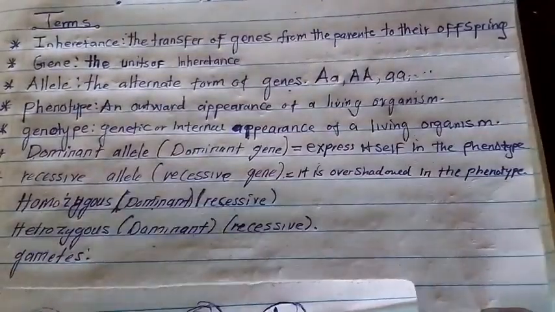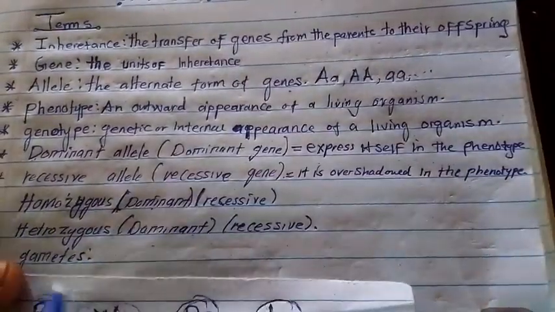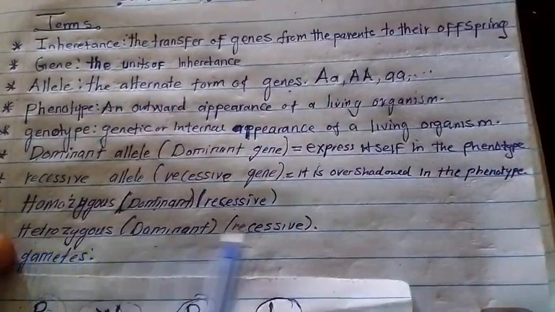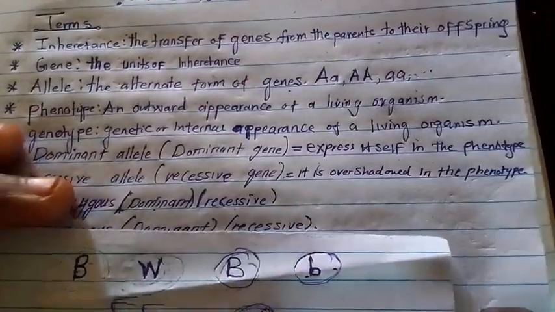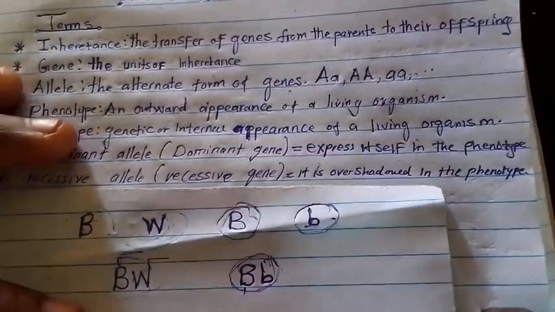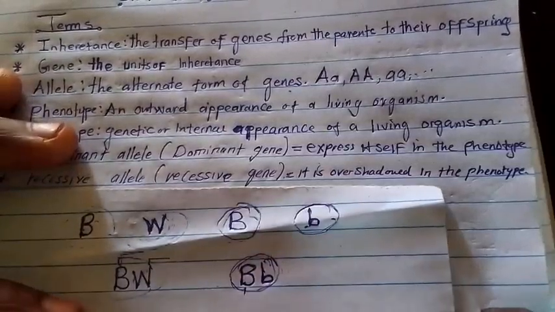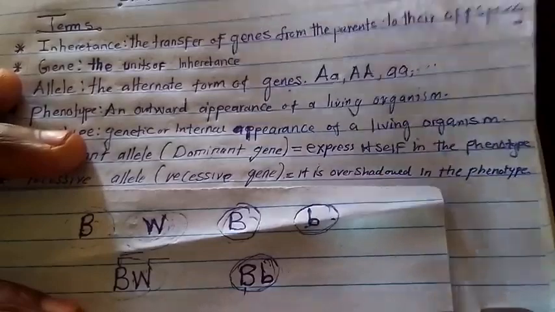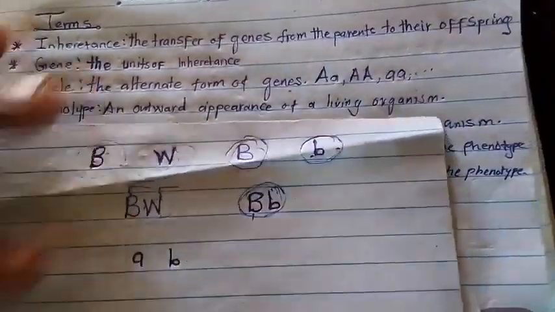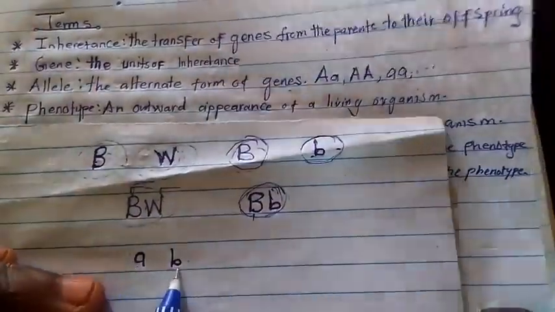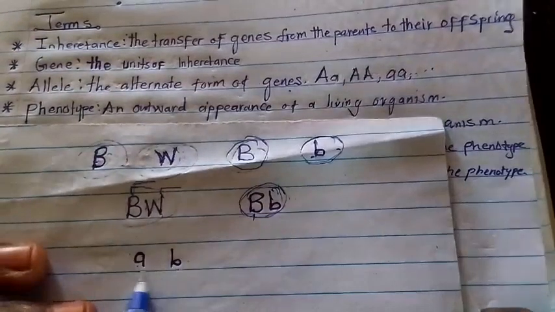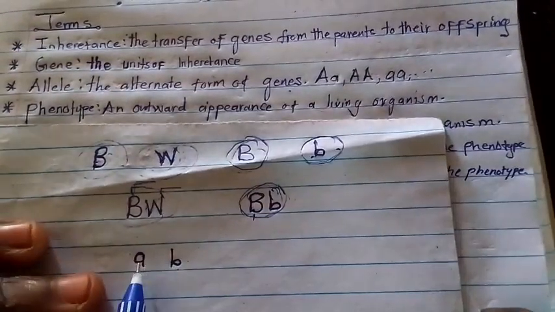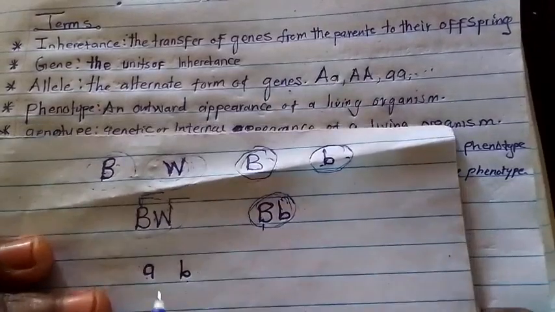Now, when it comes to heterozygous recessive, here you are going to find that you can have something like small letter a and small letter b. Since recessive alleles are represented by small letters, when we combine these two, we are going to have ab.